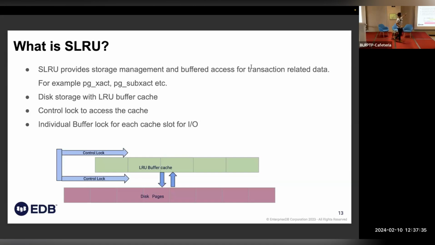In short, SLRU provides storage management and buffer access for all the transaction-related data. Like we just talked about, PG subtrans, multi-xact ID, and PG-xact for maintaining the transaction commit status. All this transaction-related data is maintained in SLRU pages, which are backed by a buffer cache. So you don't need to directly access the disk.